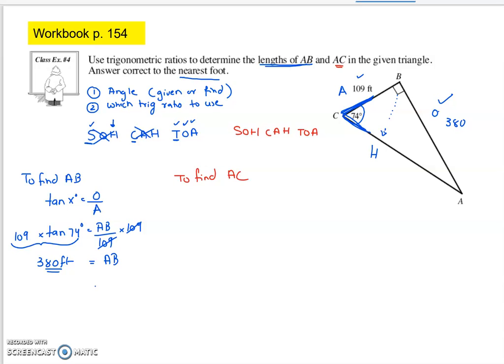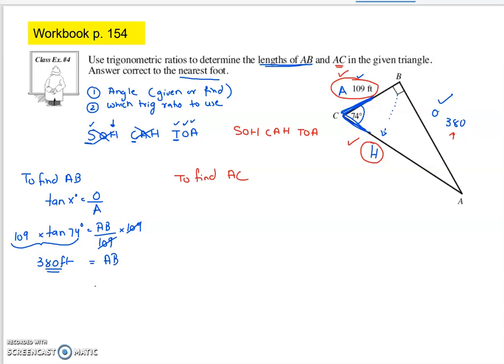Now that I know more than one side, I have a little bit more freedom, but I'm going to again focus on the one that I'm looking for, that's AC, and one of the given ones. I always like to use the one that's given in the question if I can, just so that if I made a mistake in the first part, it doesn't affect my second one. So if possible, I like to use the measurements given to me already.